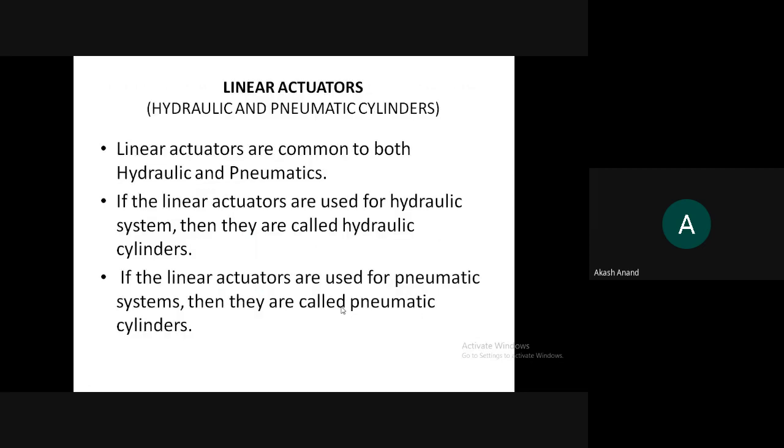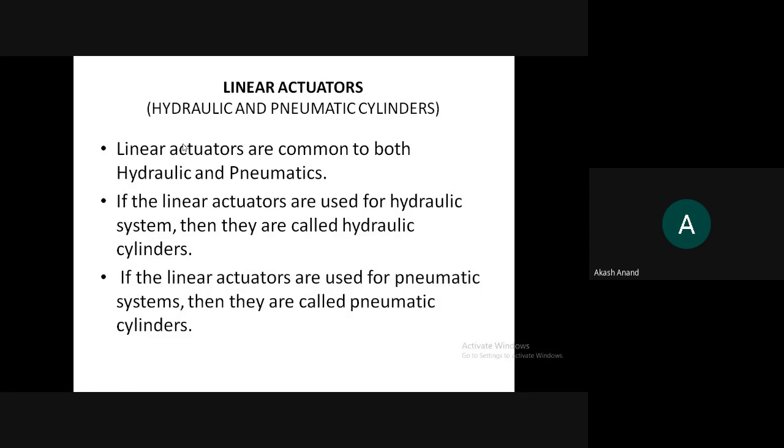Now we are going to discuss linear actuators. I already told you linear actuators are generally called cylinders. There are two types of linear actuators, a hydraulic one and a pneumatic one. Linear actuators are common to both hydraulics and pneumatics.